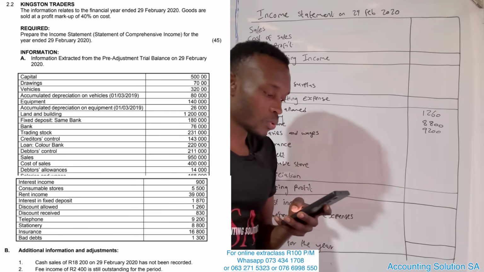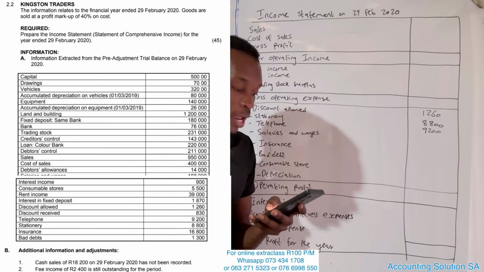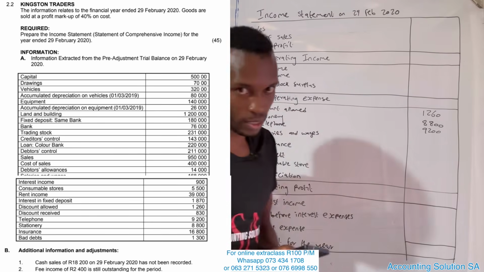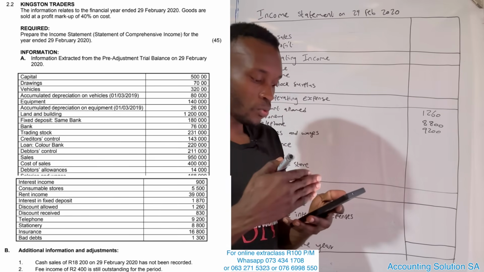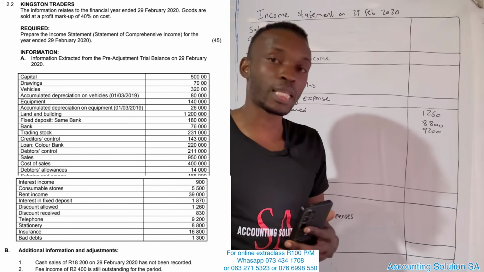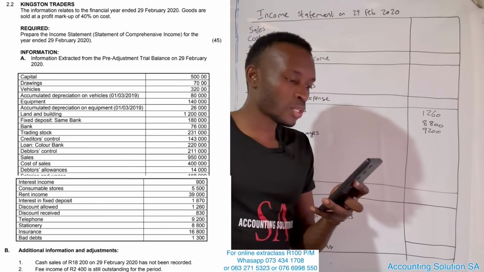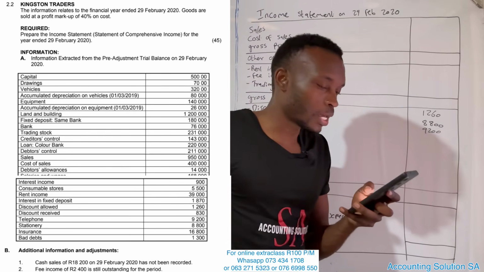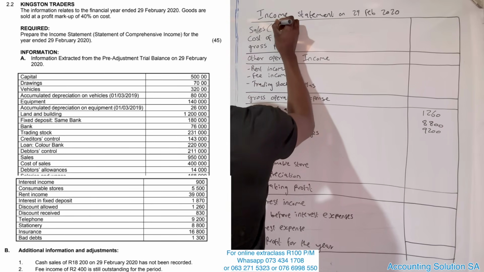The part we are most interested in under the income statement is from sales. We are given a sales amount, and after that we have to check the transactions so that we can adjust. The sales amount from the trial balance that we start with is 950,000.